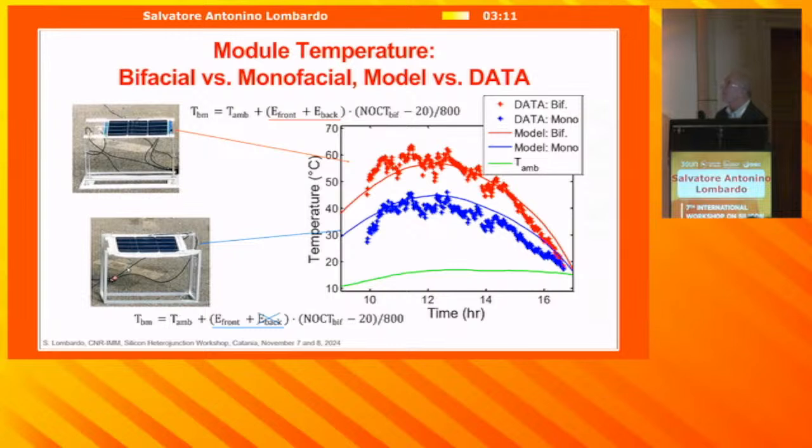Bifacial is far cooler compared to monofacial. There is a roughly 15 degrees C difference in temperature. And we explain this simply as due to the fact that we have blocked the backside radiation. And so this reduces substantially the temperature.